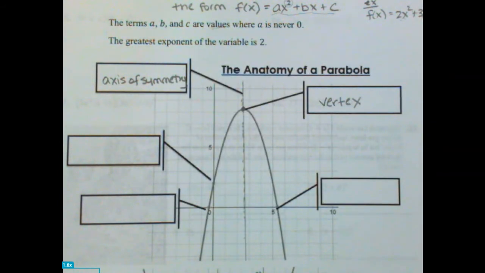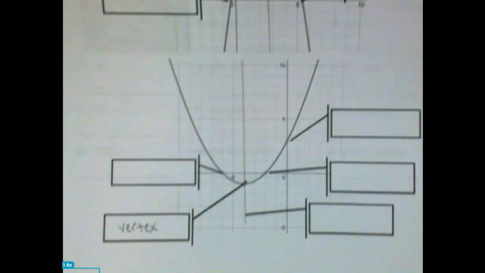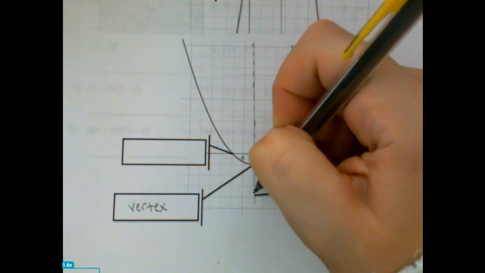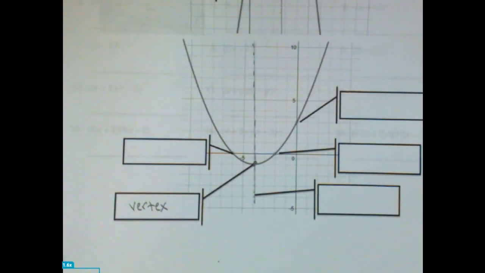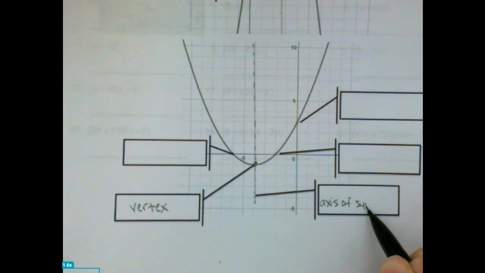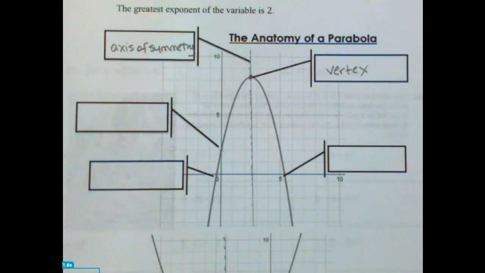So it's the axis of symmetry, and in the bottom graph, it's this line right here. And it's invisible. I'm drawing it in here to show you, but typically the axis of symmetry is not ever drawn in. We just know it exists. So it's a vertical line cutting through the shape. That's the axis of symmetry.